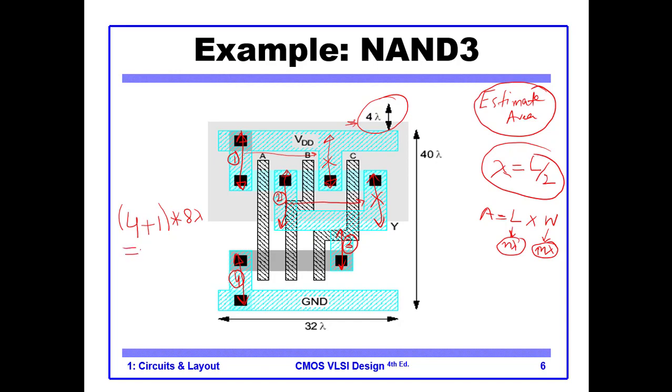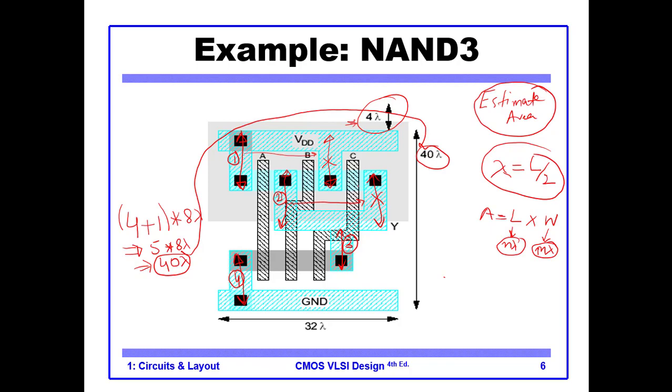Why do we multiply with 8 lambda? In the coming slide we will see why, but for now just say we multiply all the tracks by 8 lambda, so it comes out to be 40 lambda.